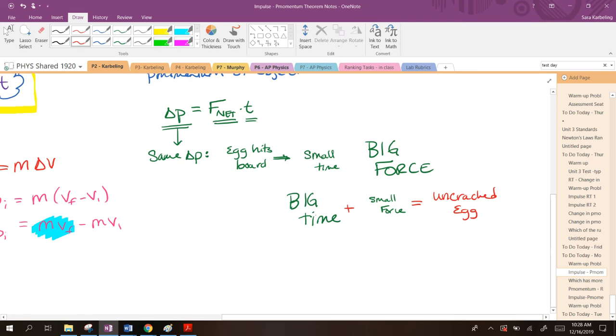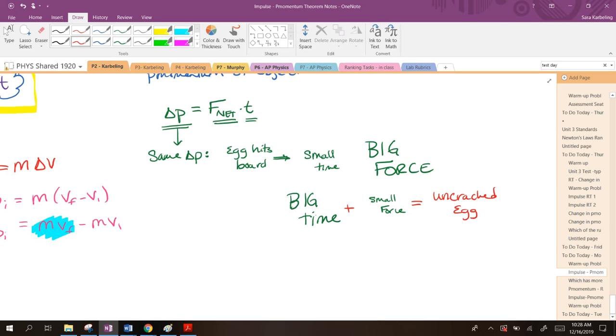Tomorrow we're going to talk a little bit about other things that help do this, but instead of for eggs, help humans, right? Can you think of anything in a car that helps this happen in case of an emergency, in case of a crash? Your airbags, right? They allow you to slow down over more time, which means that what happens to your body? You absorb a smaller force, right?